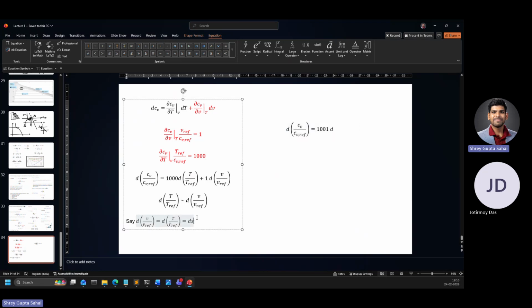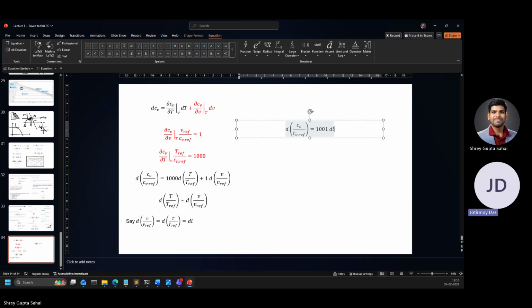Let's not use s, so that you don't get confused with entropy. Let's call it L, dl, some length. Now is this okay? 1 dl.